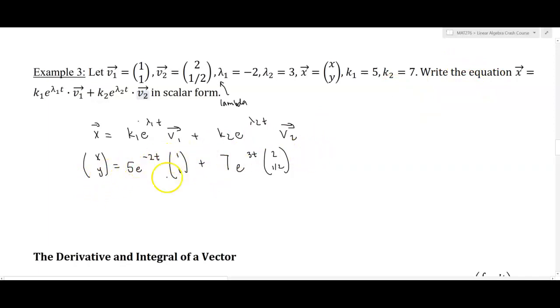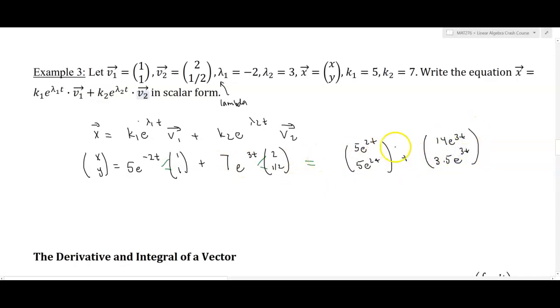So like before, we're going to distribute the 5e to the negative 2t and the 7e to the 3t. This will give us 1 times 5e to the negative 2t, and then 1 times 5e to the negative 2t again, plus 14e to the 3t, and 1/2 of 7, I'll just write it as 3.5e to the 3t.